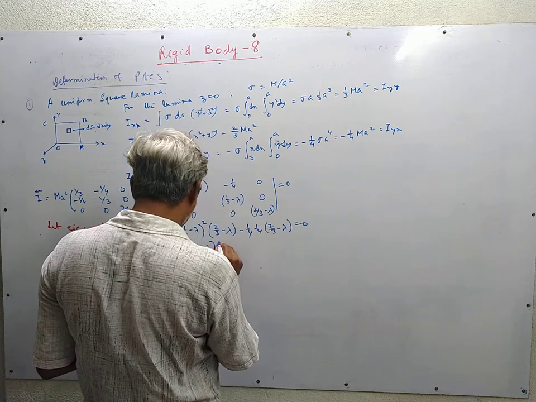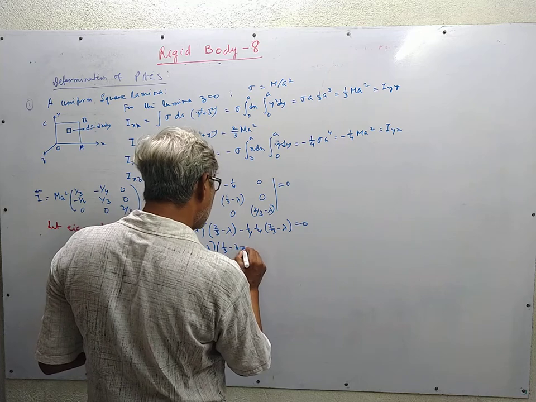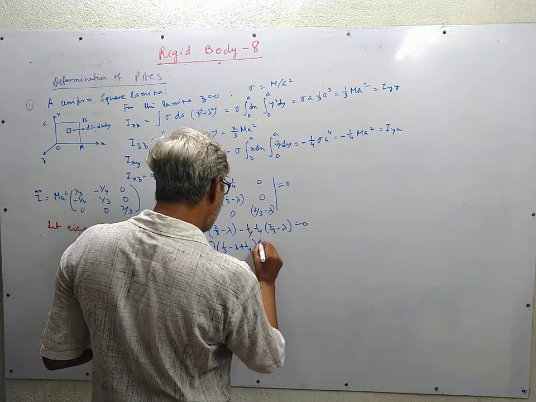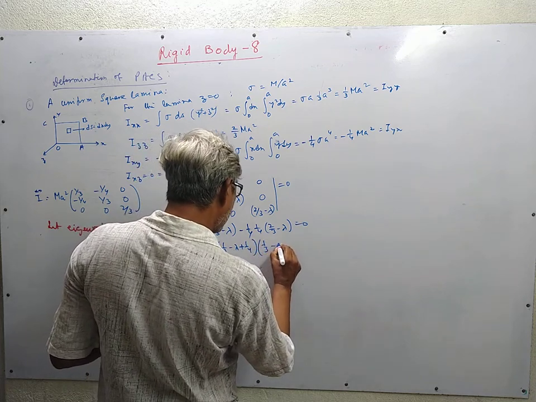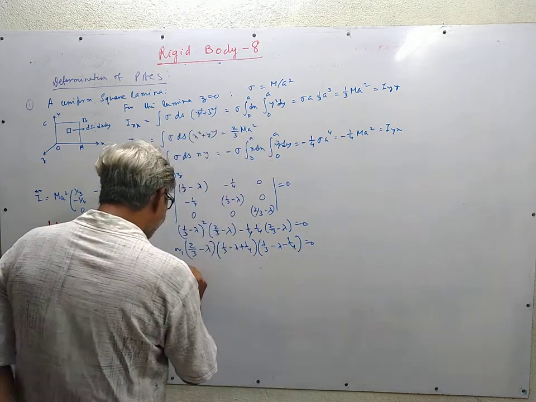So we have two factors: 1 by 3 minus lambda plus 1 by 4, and 1 by 3 minus lambda minus 1 upon 4, is equal to 0.